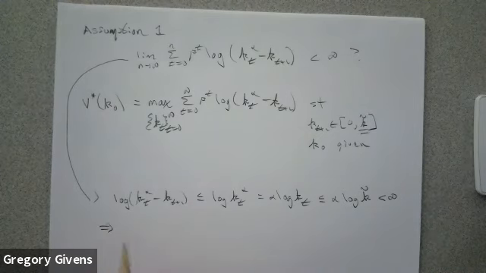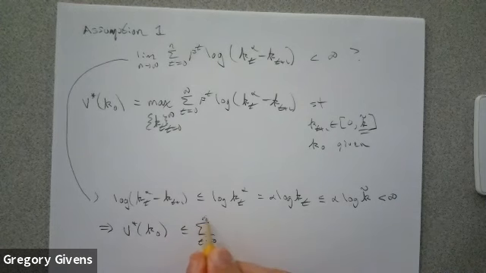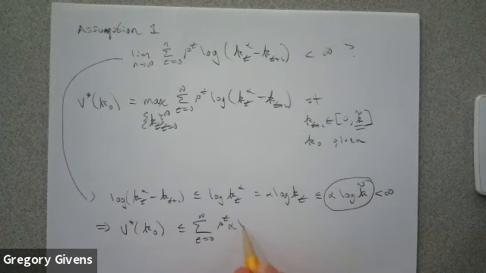This implies then that v star of k0 has to be less than or equal to the sum from 0 to infinity, beta to the t, times this alpha log of k tilde.